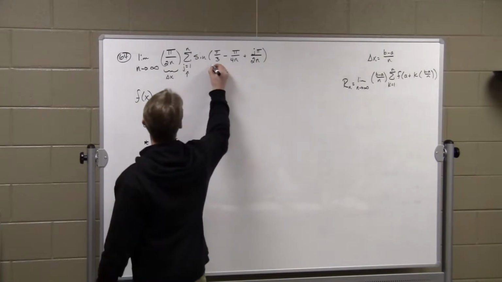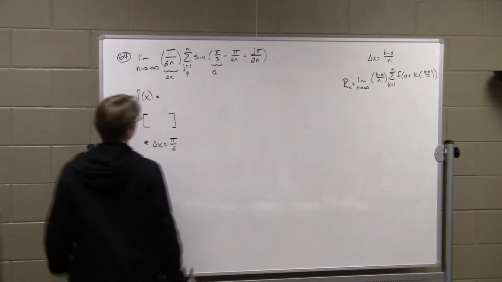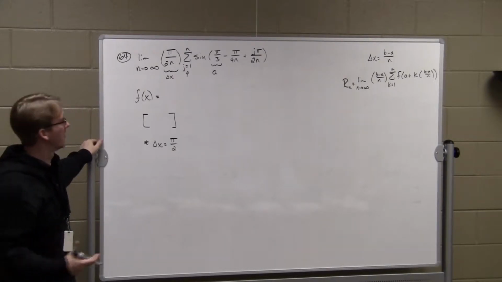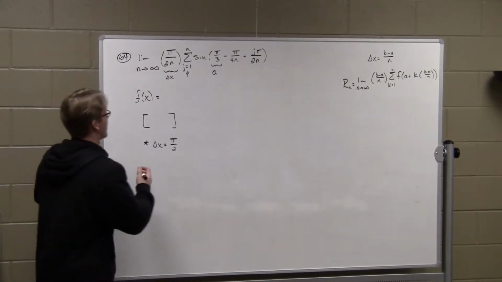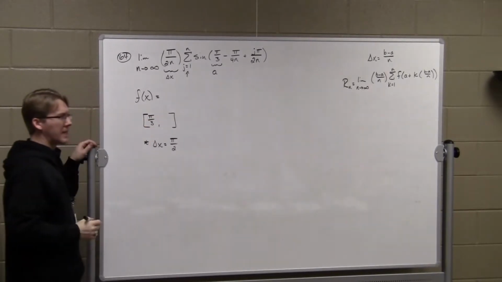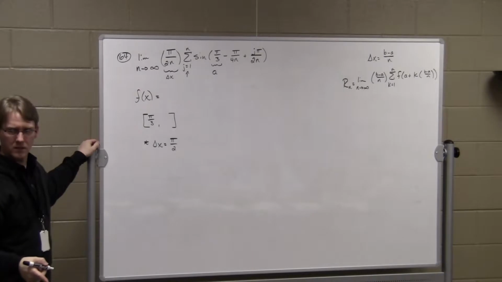So this is our A, because we don't have any extra k's or n's or anything like that tacked onto it. So I'm gonna start at pi thirds, and I'm gonna end pi halves later.